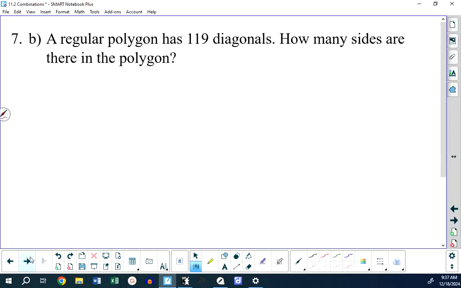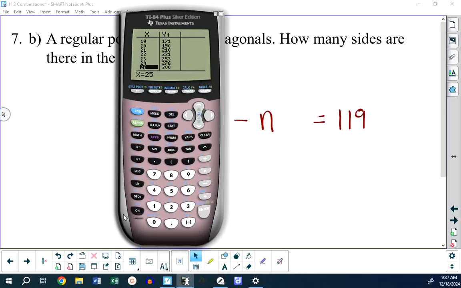Well, the number of sides choose 2 minus the number of sides better give you 119. Just like 12 choose 2 minus 12 gives you the number of diagonals. We could solve this algebraically, but we're not going to.